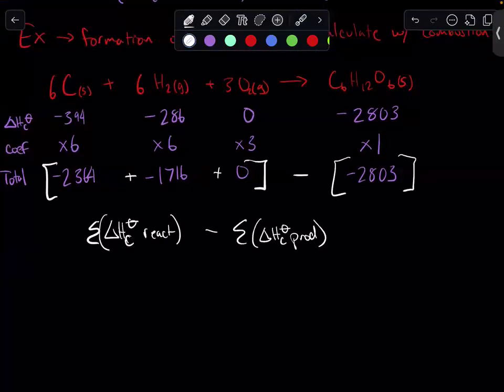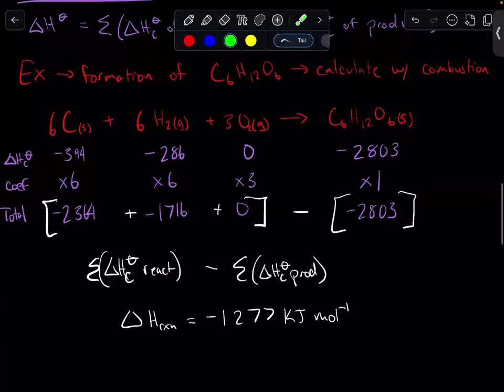We can plug that into our calculator and find that the delta H of the reaction is equal to negative 1,277 kilojoules per mole.